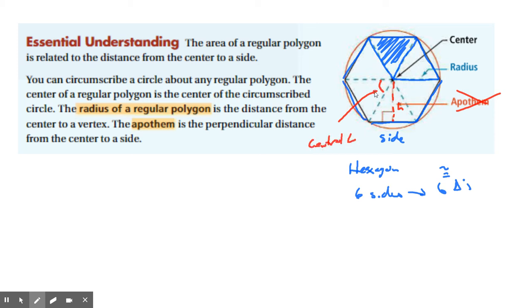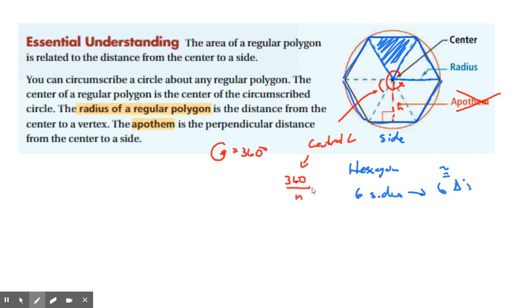Now, how are we going to find that central angle? Well, we have to understand that these six angles make up that entire circle. Remember that a circle is equal to 360 degrees, right? So each of these triangles will have the exact same central angle. To find the measure of the central angle, you take 360 and divide by the number of sides, n.